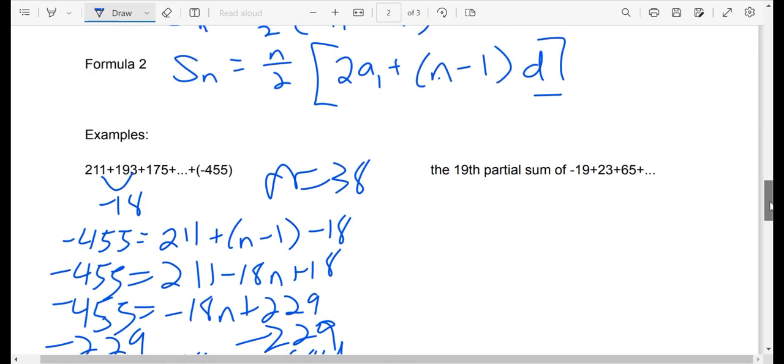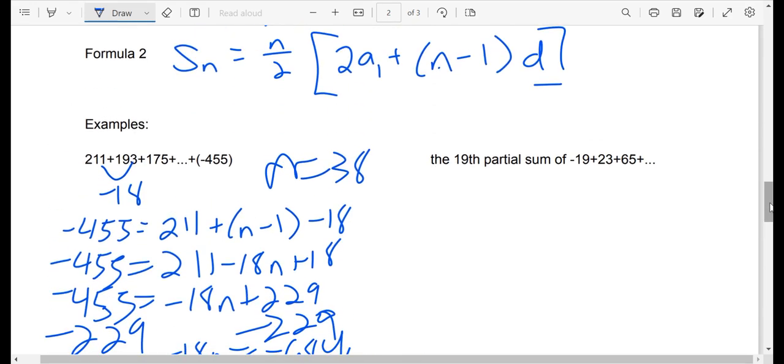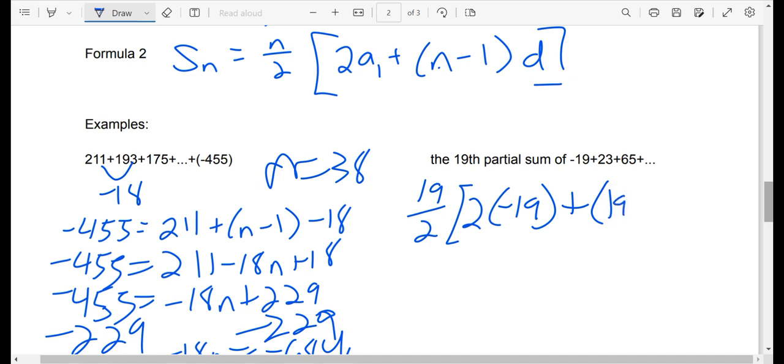All right. Next, this one is a little easier as long as you use the second formula. You know it's 19th number, so it'll be 19 over 2. Parentheses 2. We know the first term is negative 19. We know we're dealing with n is 19, so it'll be 19. Minus 1. And then your d is you're adding what each time?